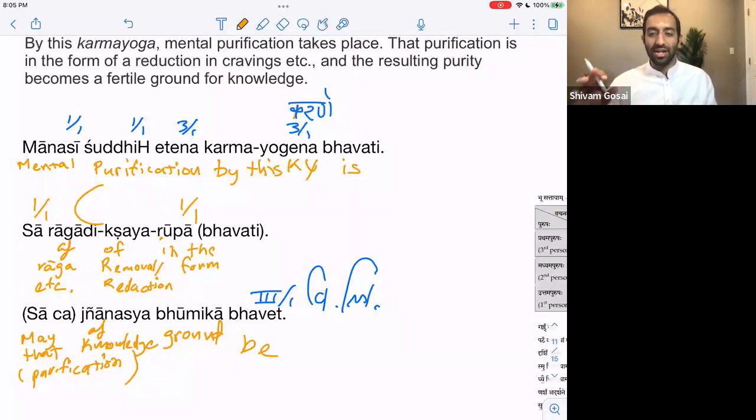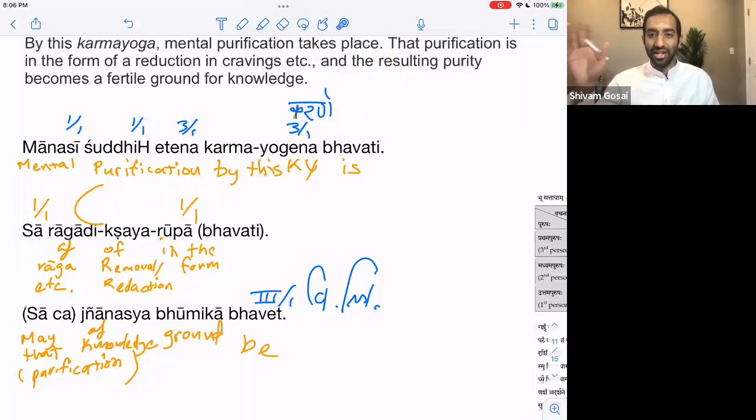What does that mean? Once our mind has this purity, it is the fertile ground for knowledge. Then the seed just needs to be placed there, and it can grow. So, manasi shuddhihi etena karma yogena bhavati. By this karma yoga, mental purification takes place.